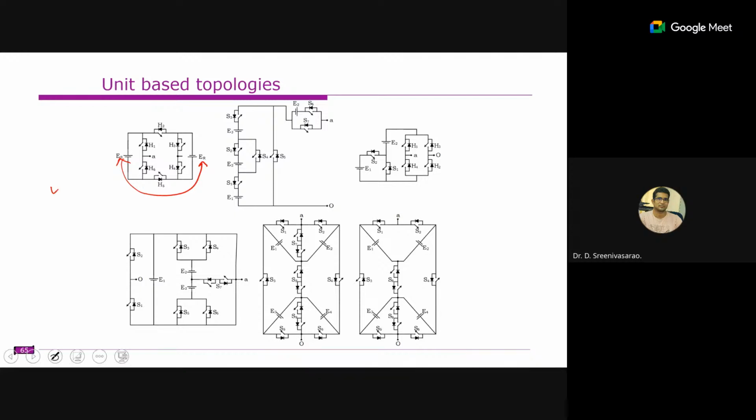So that means you can get ES plus ER, ES level, ER level, and minus ES minus ER level. So if ES equals ER, then you will get 2E. If it is E, you will get E, 0, minus E, minus 2E voltage. Likewise you can operate this. Right. So this one is known as a hexagon switch cell.